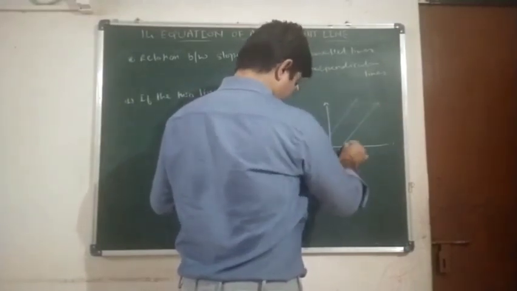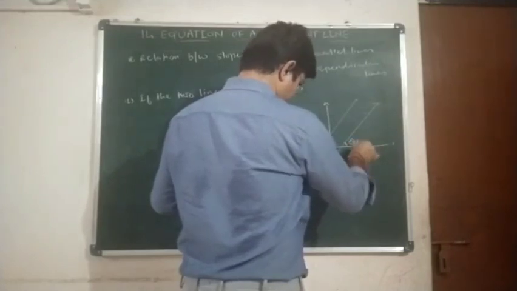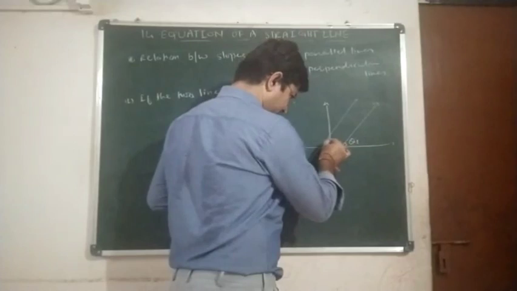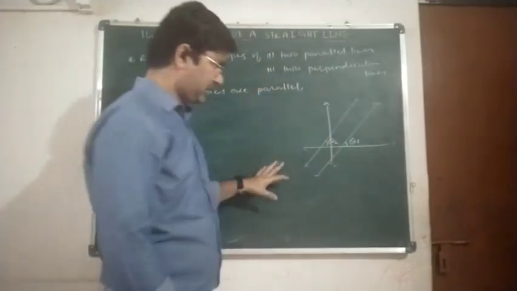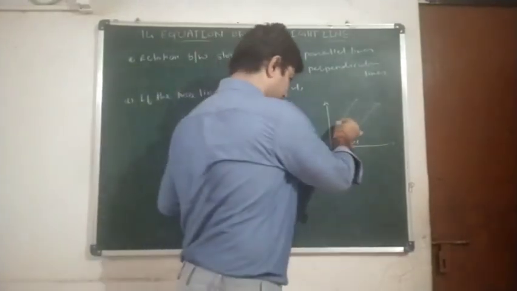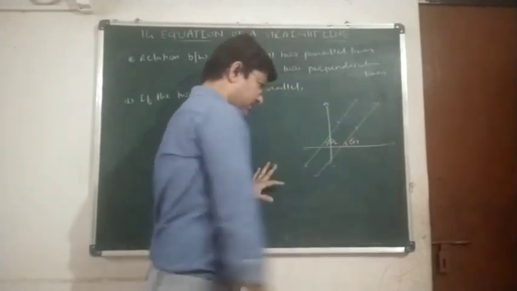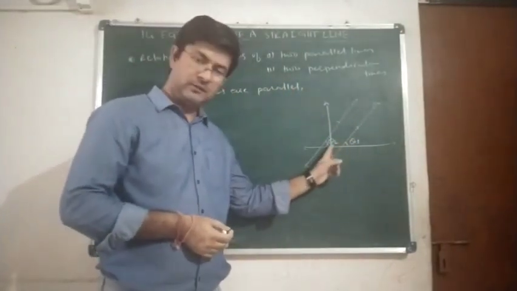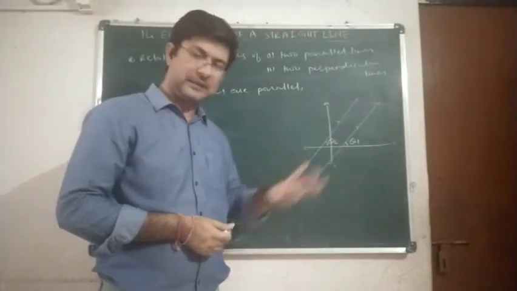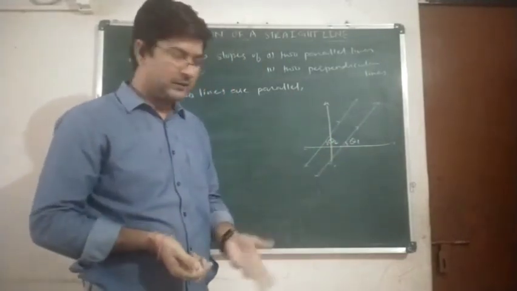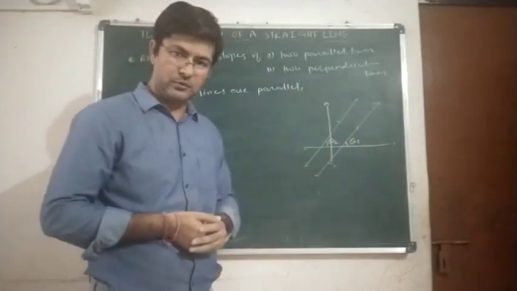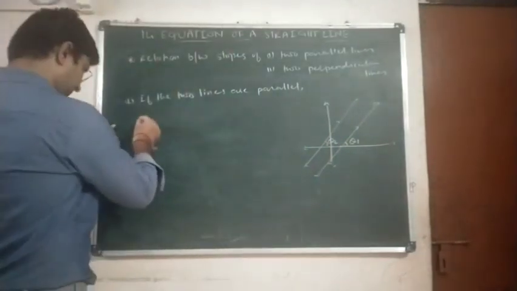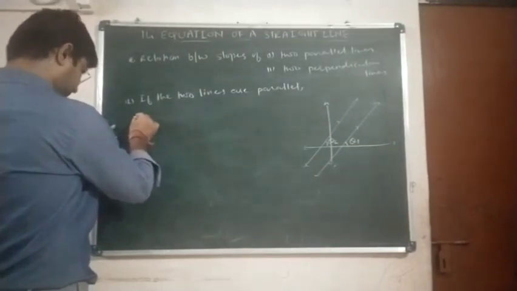If this is theta 1, then obviously this is theta 2. Since the two lines are parallel, these two represent a pair of corresponding angles, and therefore theta 1 will be equal to theta 2. Therefore, tan theta 1 will be equal to tan theta 2, and therefore slope m1 will be equal to slope m2.